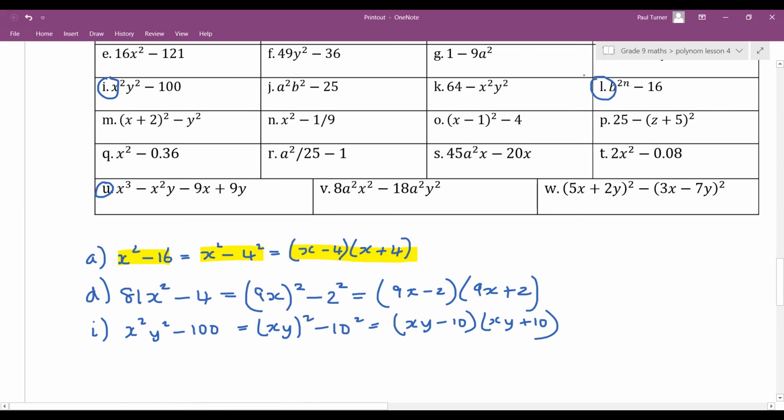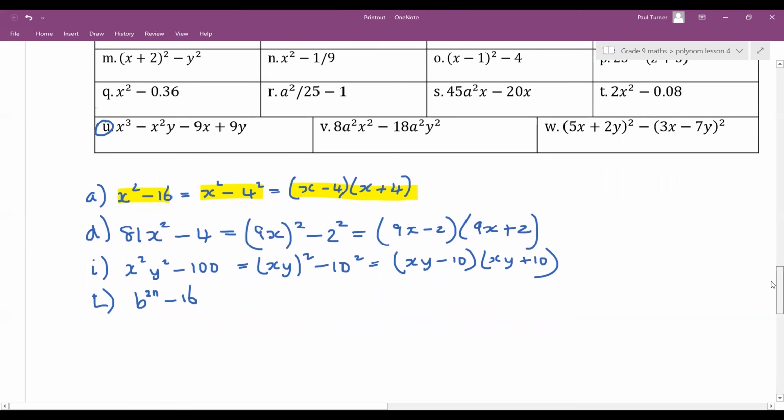What about L? b to the 2n minus 16. That's L. So we can change the b to the 2n to put the n on the inside and put a 2 on the outside. Because that rule is a to the mn can be written as a to the m all to the n, or you can swap the n and m around.